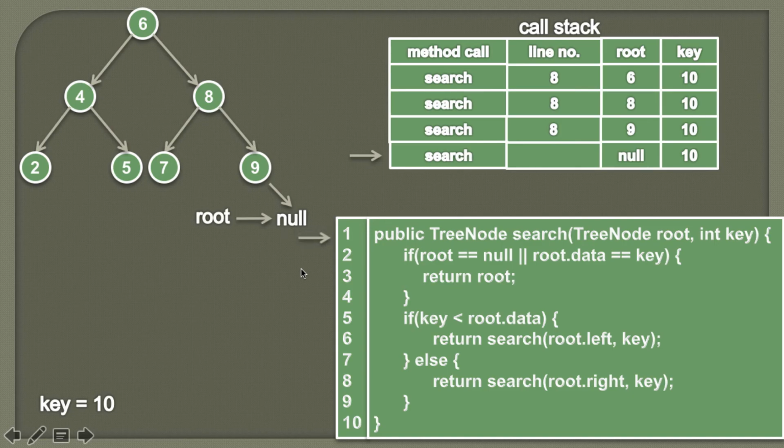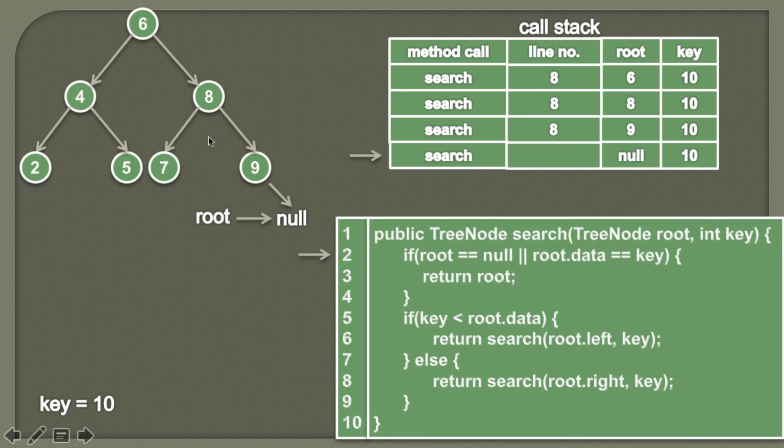Moving ahead, we'll again check whether root is equal to null or not. So here you can see root is equal to null. Therefore condition in if block comes out to be true. So friends, condition in this if block is nothing but our base case, because after 9 there are no nodes into this binary search tree. Therefore by some way we need to exit this recursion.